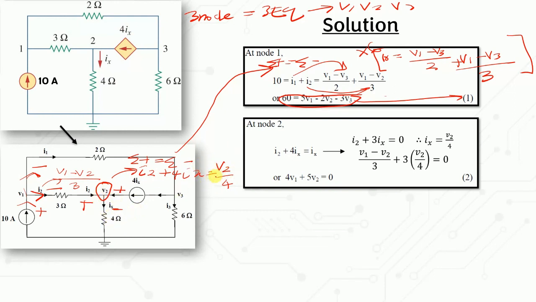Obviously Ix is V2 over 4. So you have this equation.